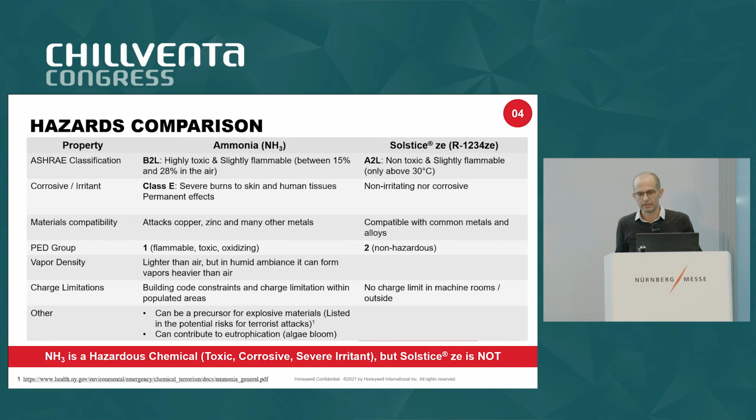We have to use stainless steel, so there is a lot of constraint. The classification is not the same. And if there is a mixture with humidity and water, ammonia can give toxic and heavy molecule toxic products.